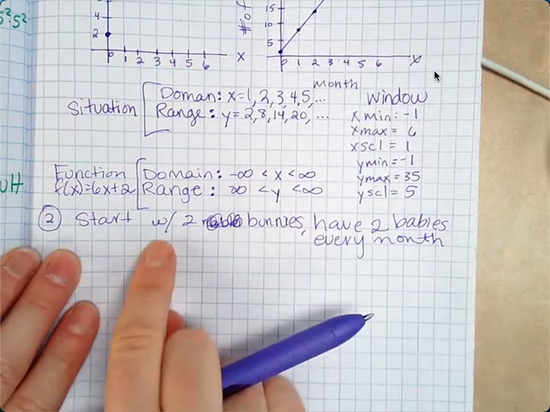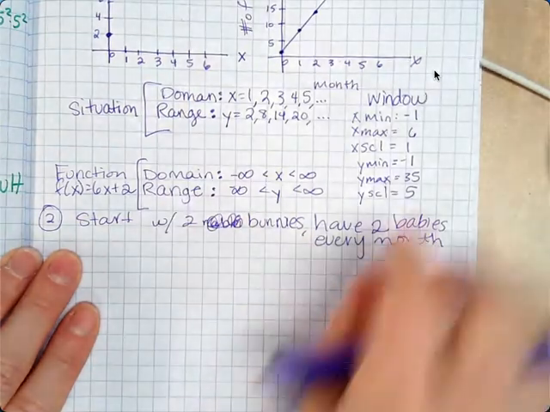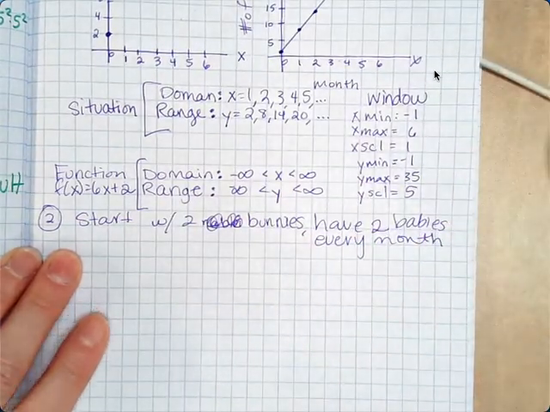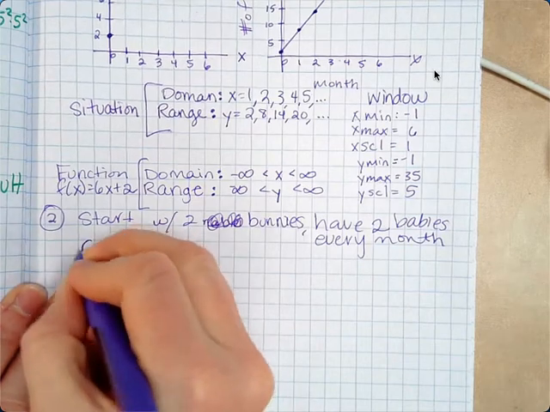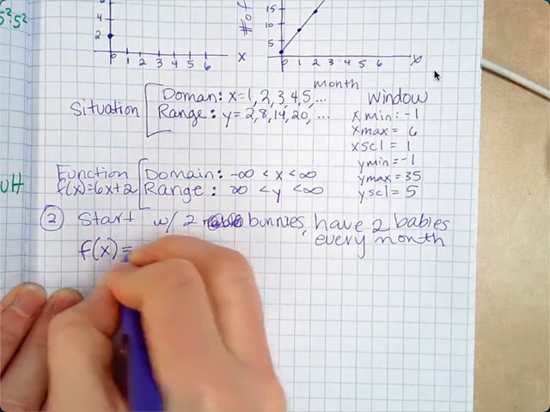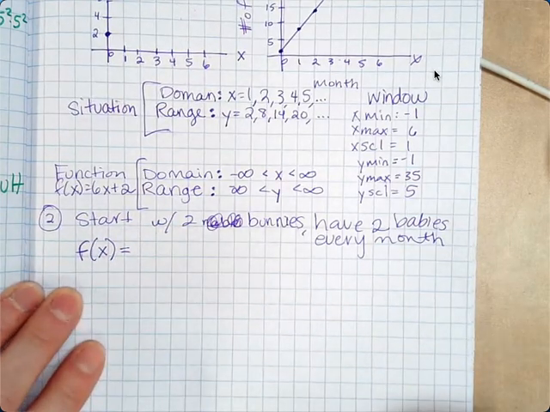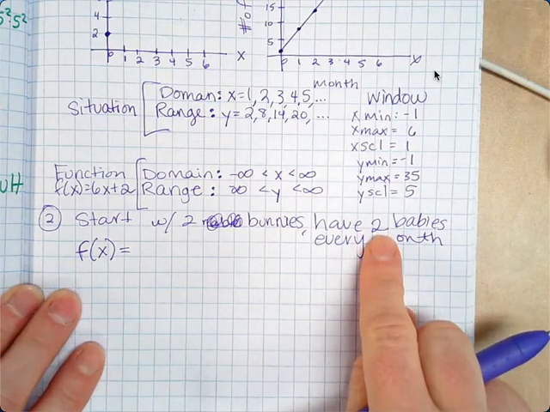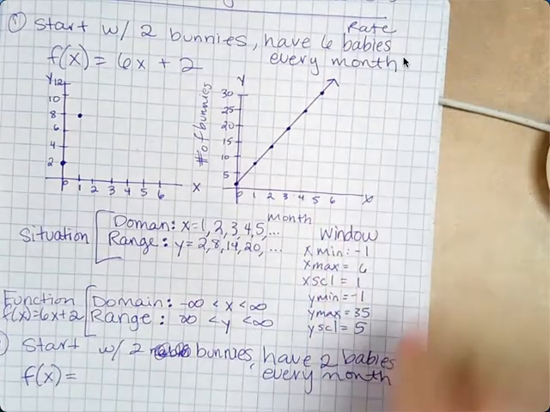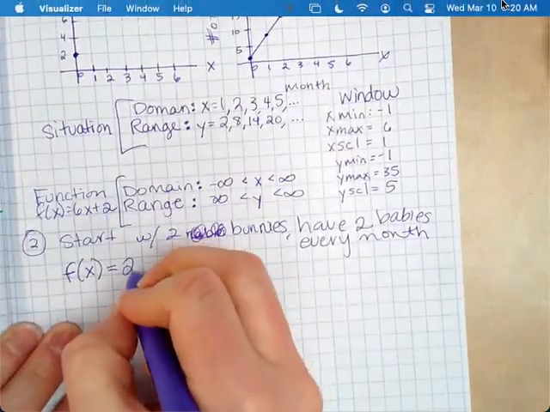So how is this scenario different from that? It's going by 2 instead of 6. So let's write our function rule. The rate that it's increasing by has changed from 6 to 2. So this would be 2x plus 2.